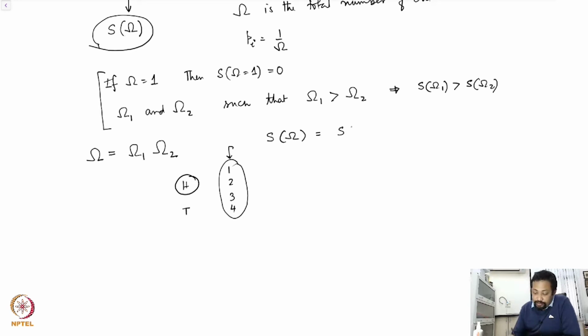So it follows that S of omega 1 times omega 2 must be equal to S of omega 1 plus S of omega 2, right?